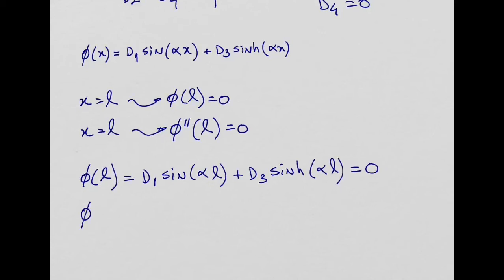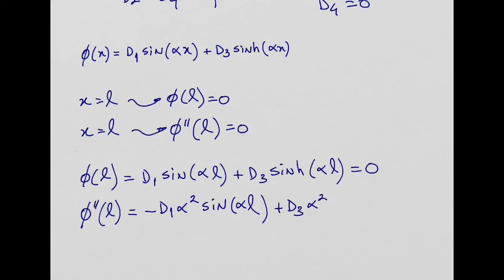The second derivative for x equal to L is minus d1 alpha square sine alpha L plus d3 alpha square hyperbolic sine of alpha L, and this needs to be equal to 0.